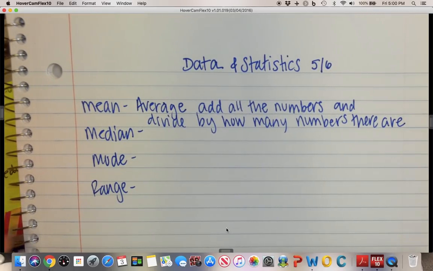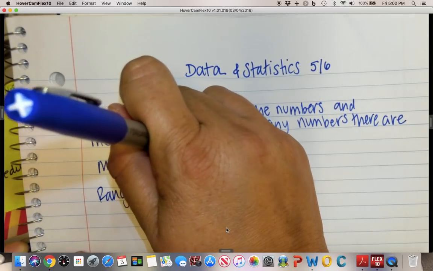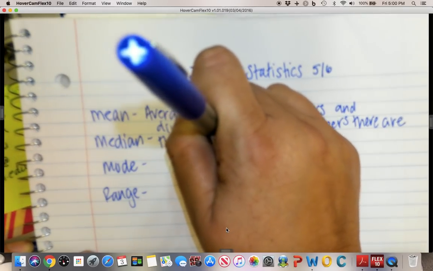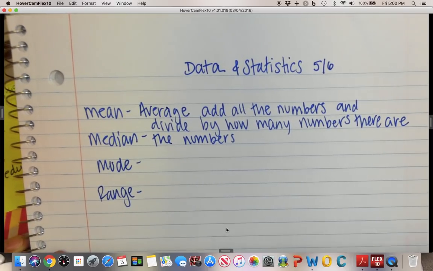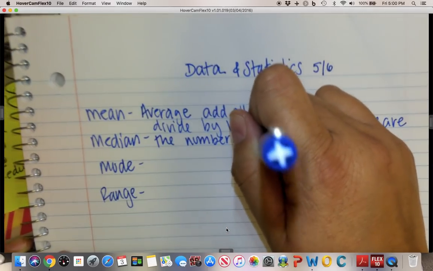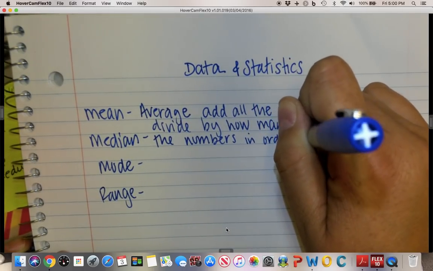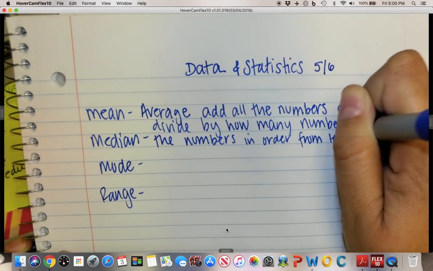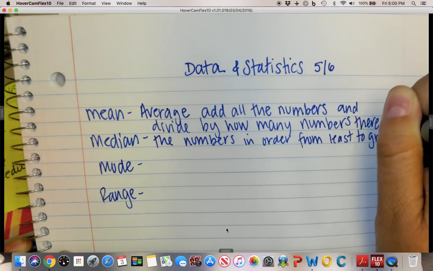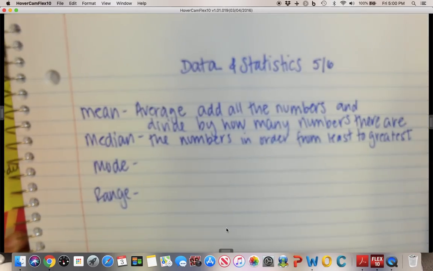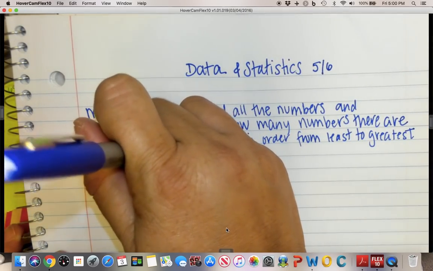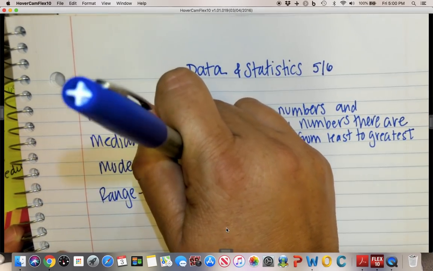The median is the number, all the numbers, all the sets of data in order from least to greatest. And it is the number in the middle.